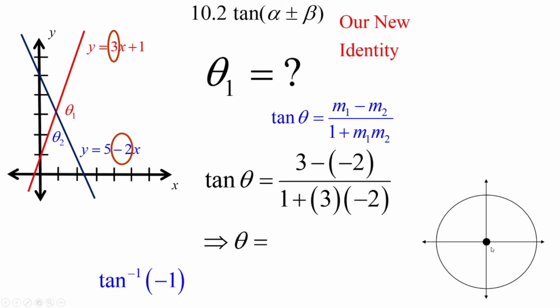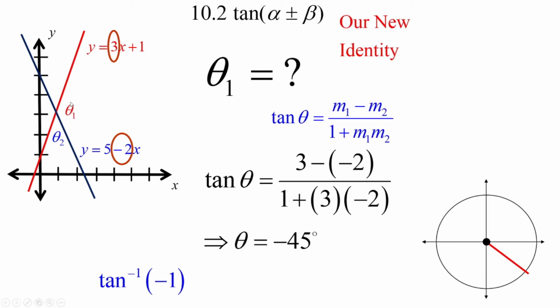And picture this ray right here. Okay, and I'm using the reference angle of 45 degrees right there, where sine and cosine have the exact same output of root 2 over 2. So at negative 45 degrees, sine is negative root 2 over 2 and cosine is root 2 over 2. So that gives me that negative 1. So that's got to be a negative 45.